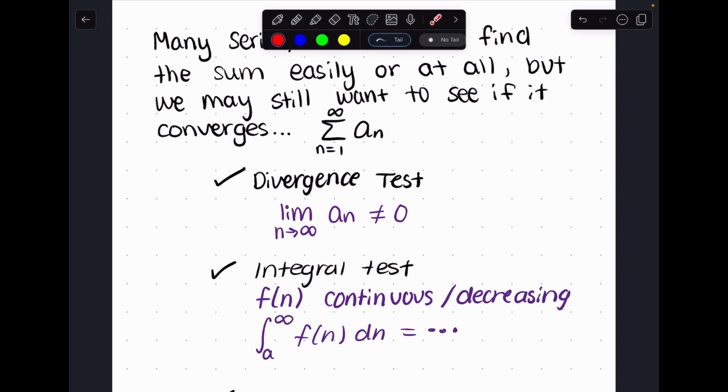So the first one is the divergence test. You cannot conclude anything about convergence from the divergence test. It's just saying if the limit of the terms in our series are not going to 0, then we can say that the sum diverges.